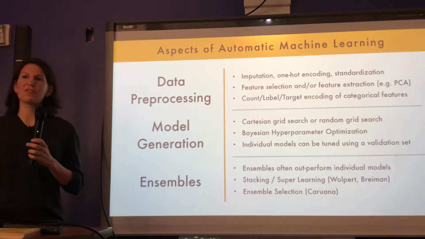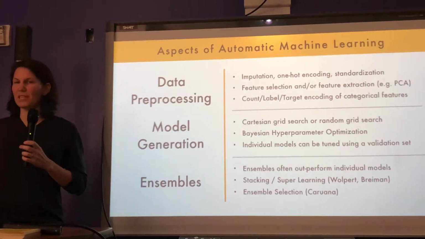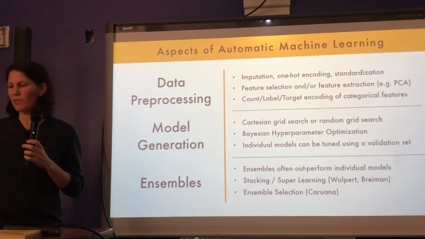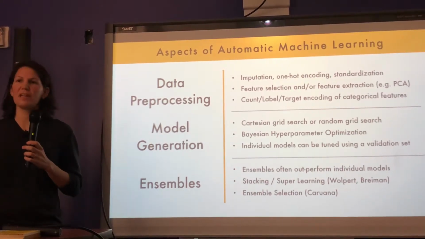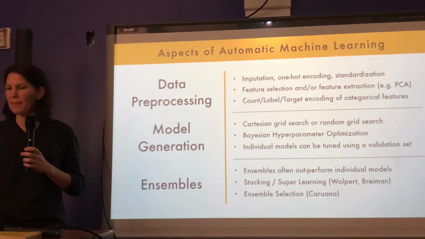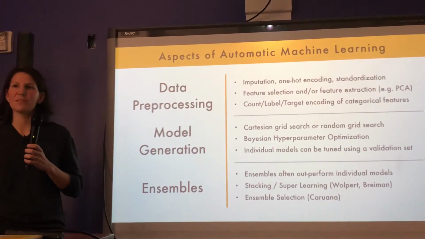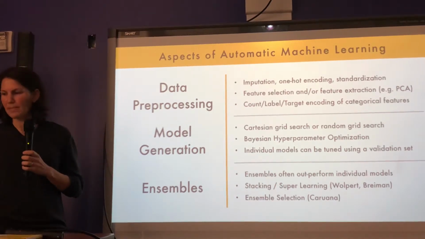Or there's other things that you can do that are more intelligent. There's count encoding, label encoding, target encoding. These all have different meanings, and they're just different methods of dealing with these problematic types of data.